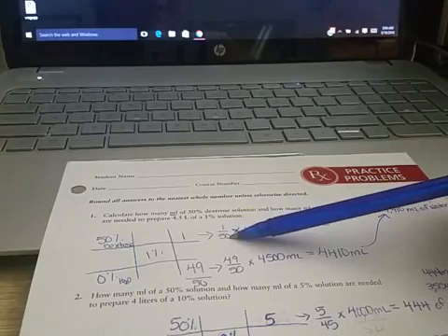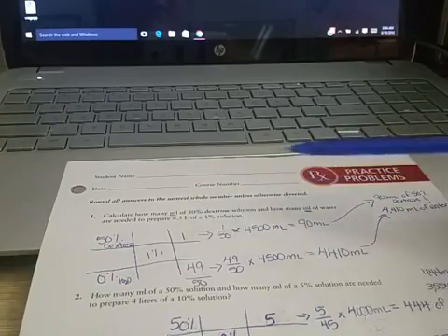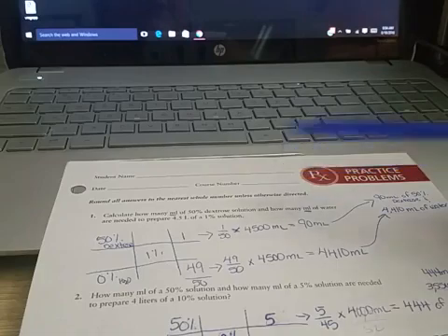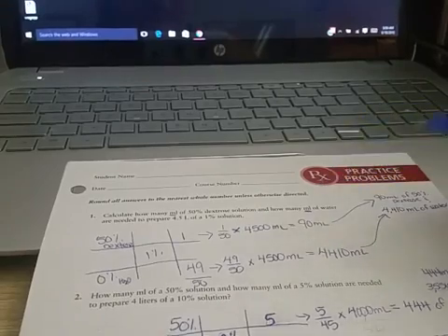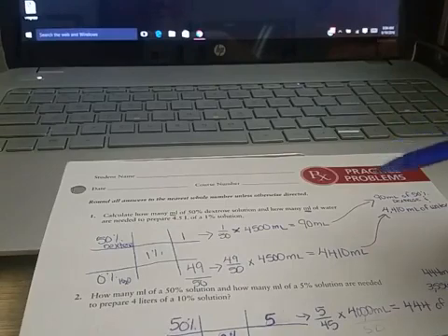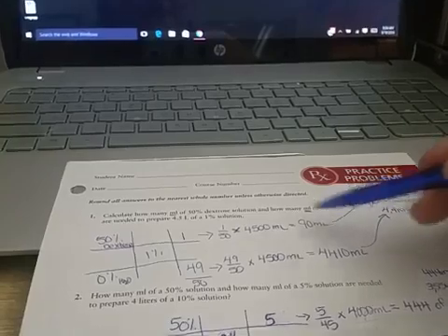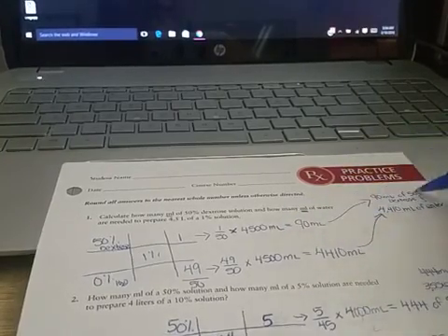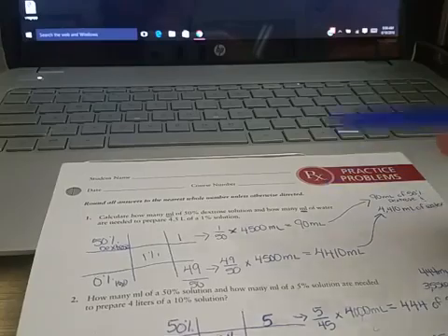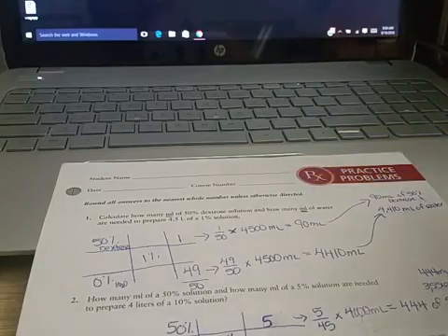So you need 1 part of 50% dextrose, and you multiply it by the 4,500 ml that you need to make the solution. So that tells you that you get an answer of 90, which states out of the 4,500 ml, 90 of that of the ml in that 4,500 needs to be 50% dextrose in order for your formula to be 1%. Okay, that's what this whole thing means.